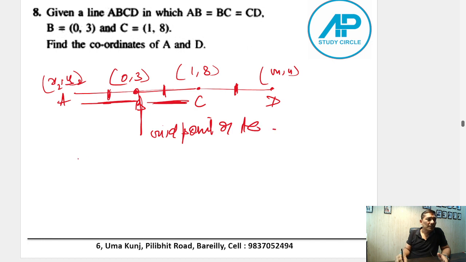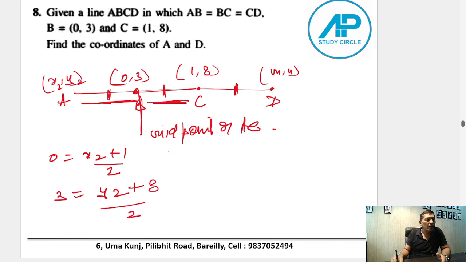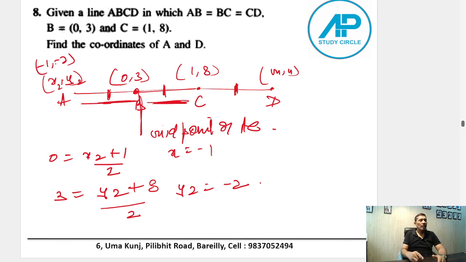of AC. So you can take 0 equals to x2 plus 1 upon 2 and 3 equals to y2 plus 8 upon 2. So x1 is minus 1 and y2 is minus 2. Coordinates of point A minus 1 comma minus 2. I hope you understand this step.